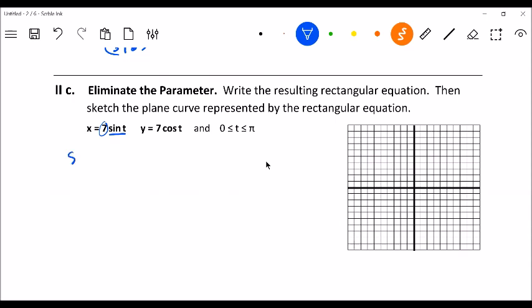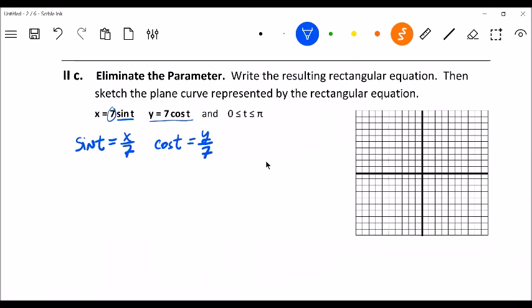Divide both sides by 7, and we have that the sine of t is equal to x over 7. And on this one, we'll do the same thing. So we get that the cosine of t is equal to y over 7. So, and I'll write it over here. Solve for sine or cosine of t.